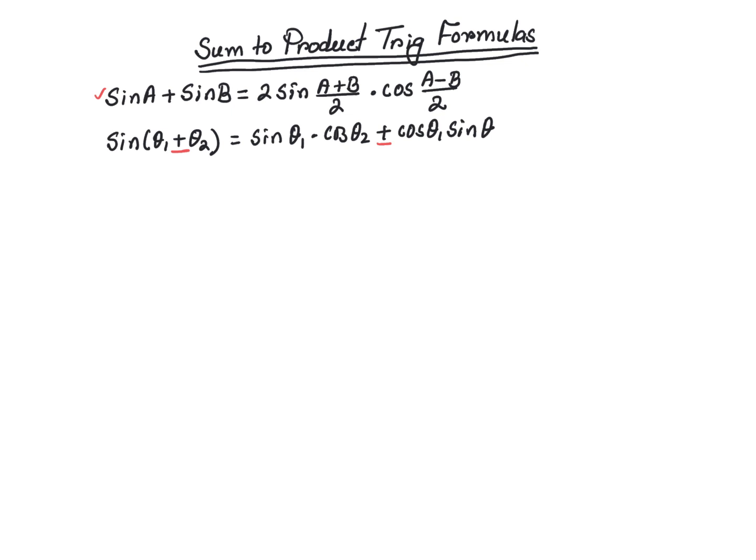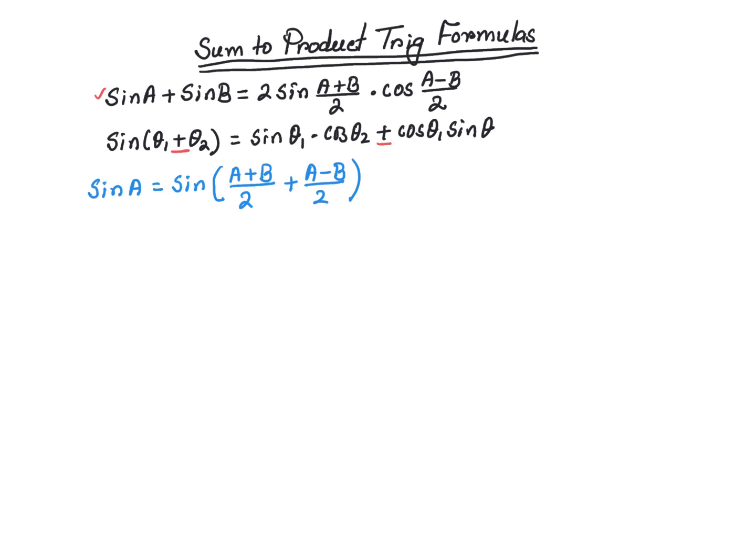So let's apply a simple trick. I want to find sine of A. So I'm going to take sine of A and rewrite it as sine of, pay closer attention here, (A plus B) divided by 2 plus (A minus B) divided by 2.